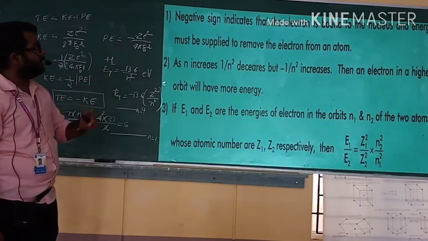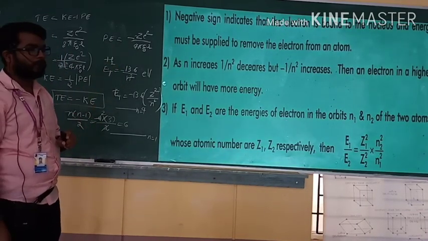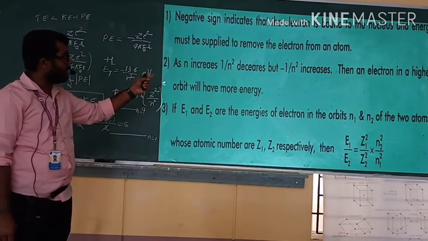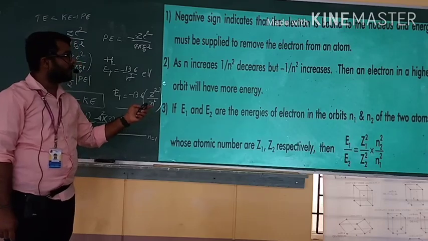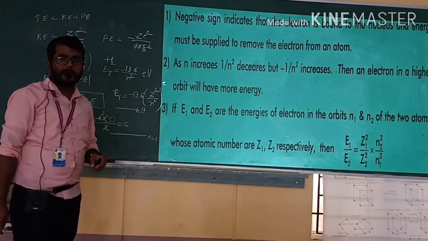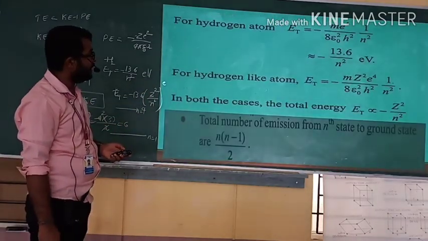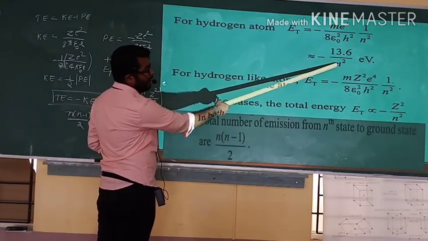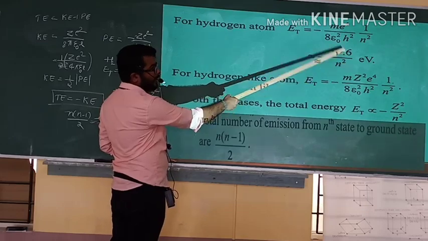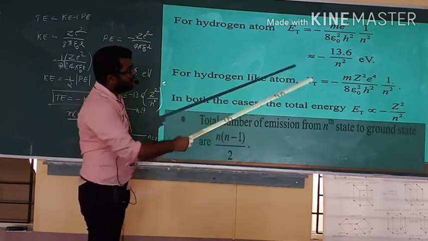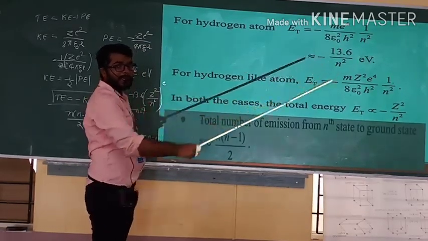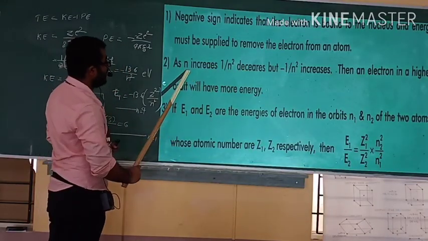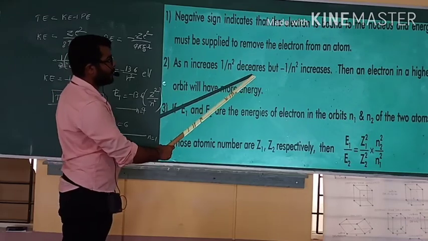So the negative sign in that equation indicates the electron is bound to the nucleus. As n increases, as already explained in the regular class, the denominator n square increases, so 1 divided by n square decreases.